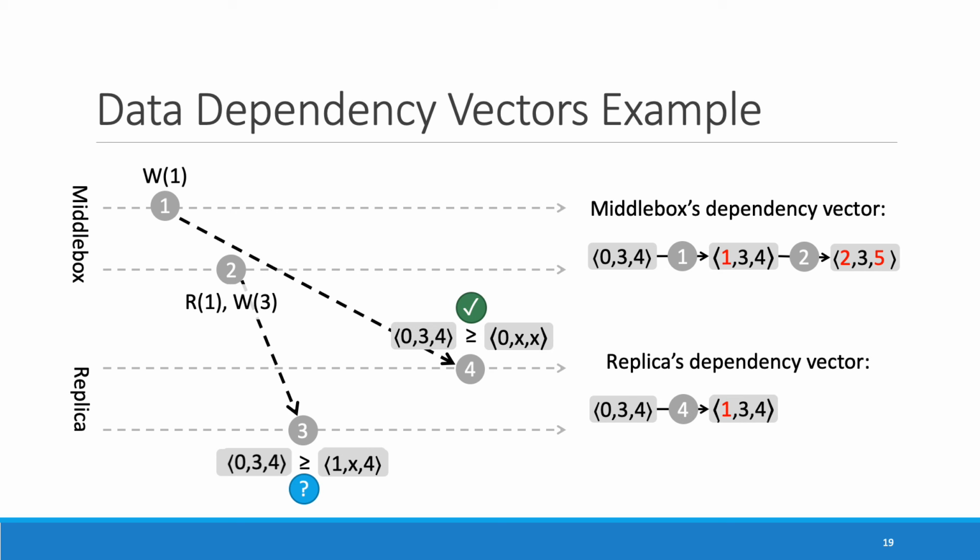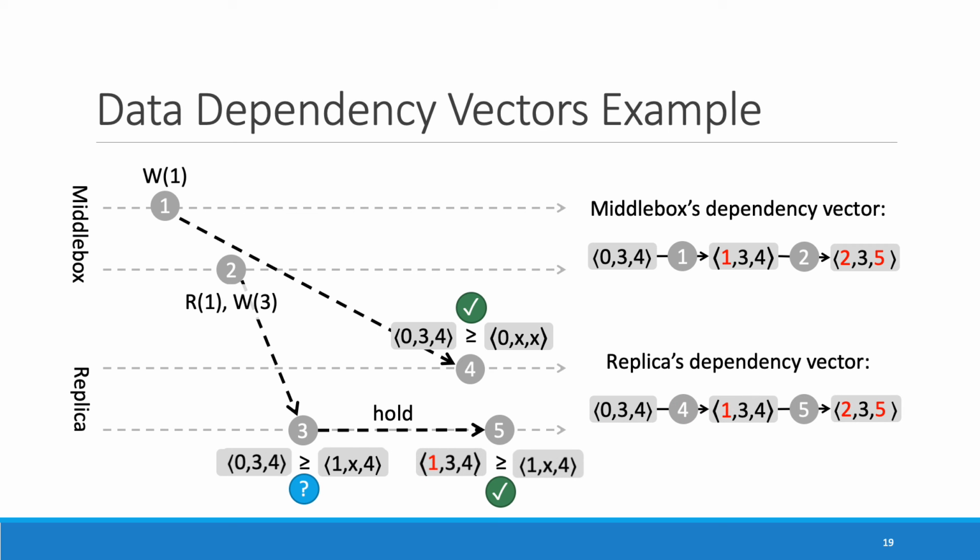The replica compares its local vector with the received data dependency vector, and because its vector is greater than or equal to the received vector, the replica knows that the first packet is in order, and it applies its state changes. The replica also updates its local sequence numbers of the partitions whose values are not don't care, which is state partition 1. After applying the changes of the first packet, now the second packet becomes in order, and the replica applies the changes and updates the corresponding sequence numbers.